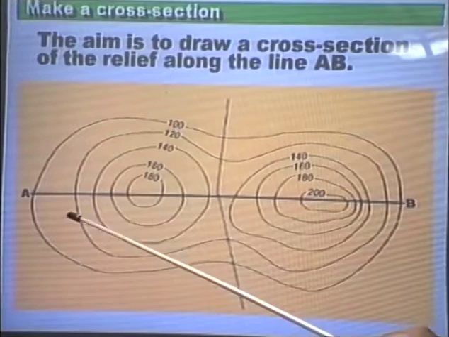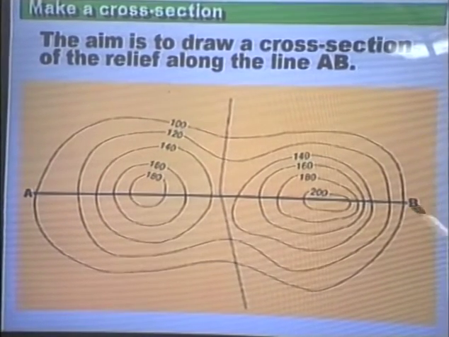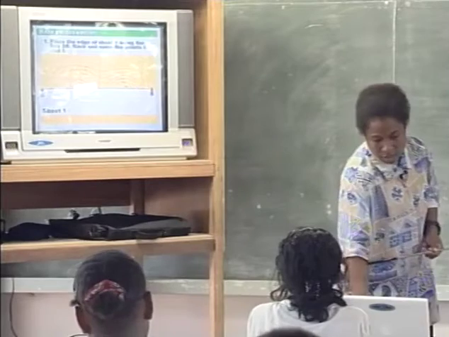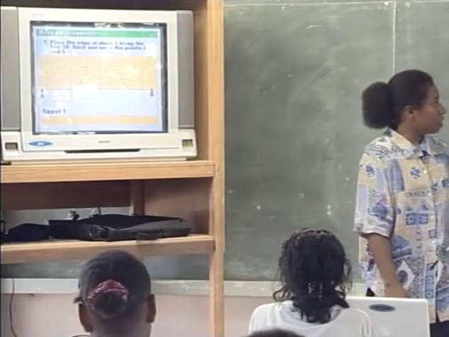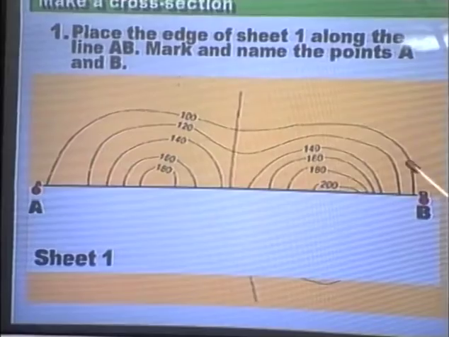We are going to construct a cross-section from point A to point B. Step number 1, you take your piece of paper and I'd like you to place the edge of that piece of paper along the line AB so it would look like what is shown here.